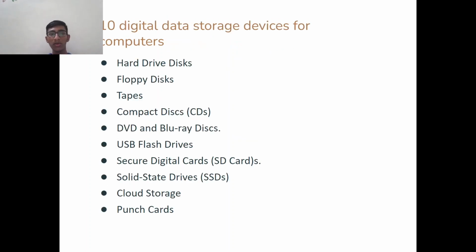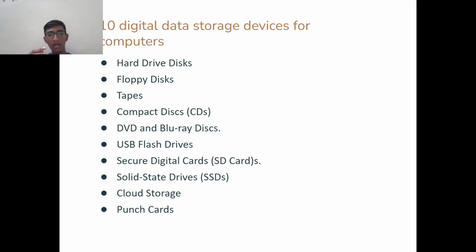Here are some of 10 digital data storage devices for computers. They are hard drive disks, floppy disks, tapes, compact disks, DVD and Blu-ray disks, USB flash drives, secure digital cards, solid state drives, cloud storage, and punch cards. These are some of the most commonly used data storage devices which we see in our day-to-day lives.